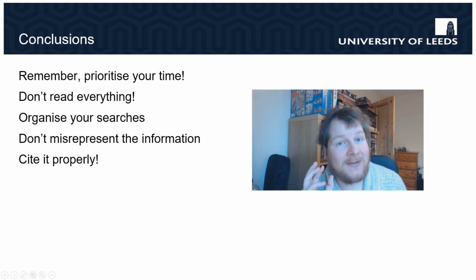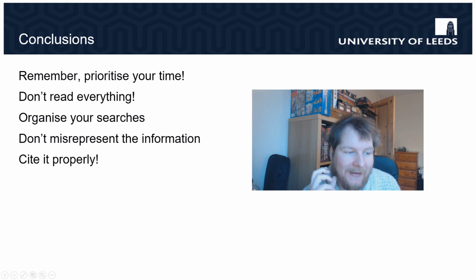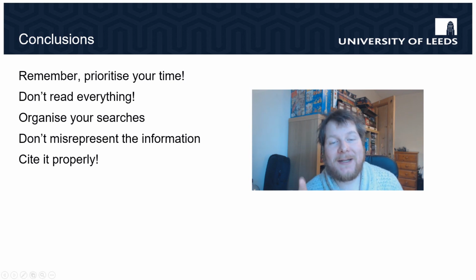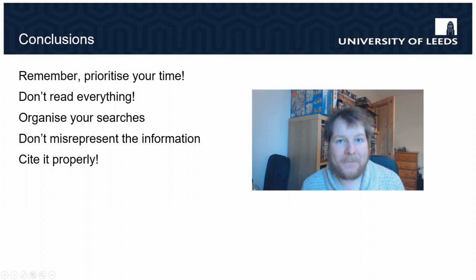So make sure you can answer those very basic questions about that information. And once you have given that information, remember to cite it properly. I know it's said 1,000 times, but if you don't cite it properly, then again, you're not going to be giving enough information to your reader to appreciate and acknowledge that the information that you're giving them is good, is worthwhile, is beneficial to them.